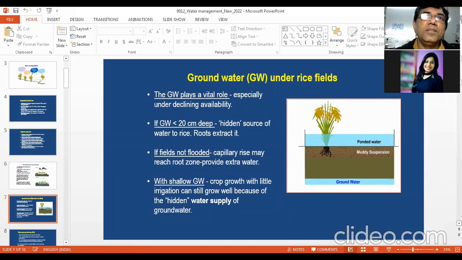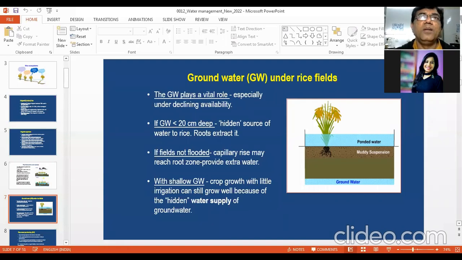You can see the rice roots are restricted mainly to the upper 30 centimeter layer, so they can get this capillary water. If fields are not flooded, capillary rise may reach the root zone and provide extra water. In case of water shortage, it is an important source. With shallow groundwater, the crop can still grow well with little irrigation because of the hidden water supply.